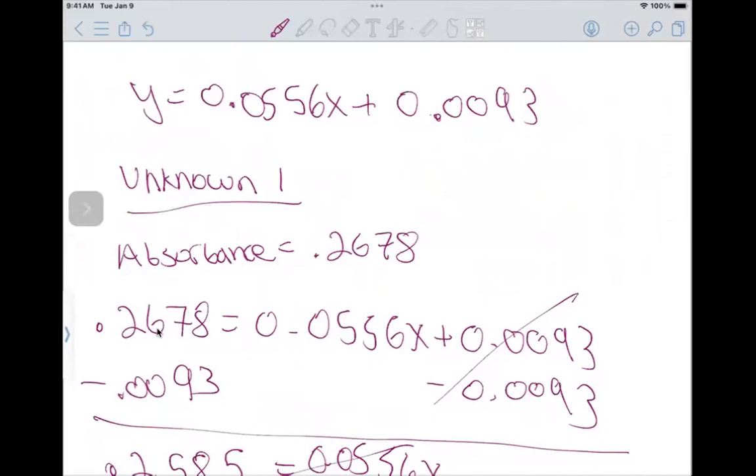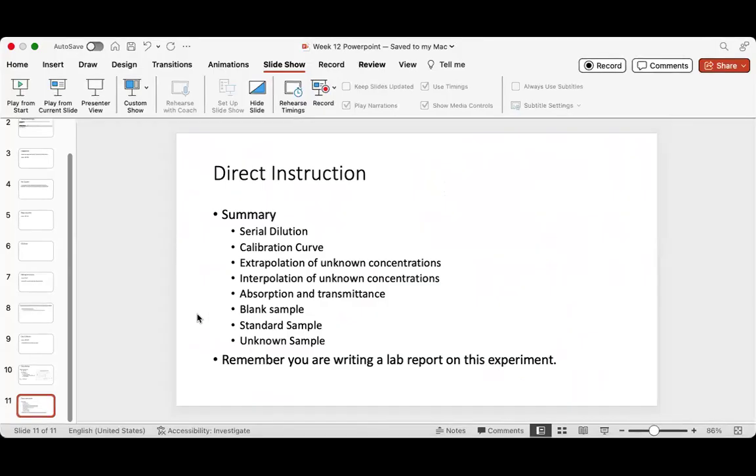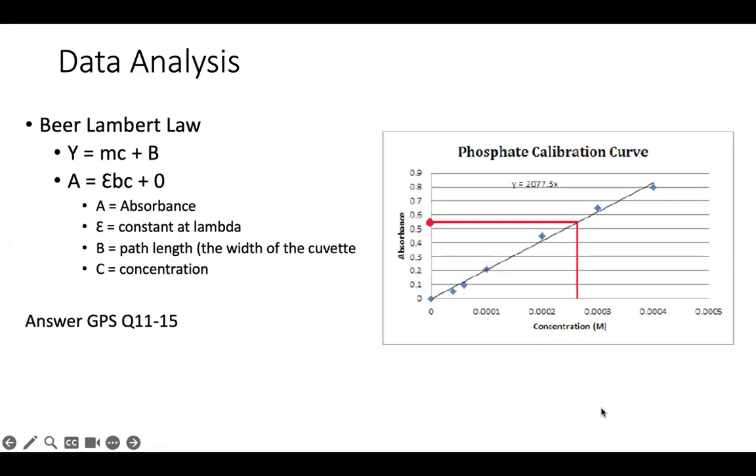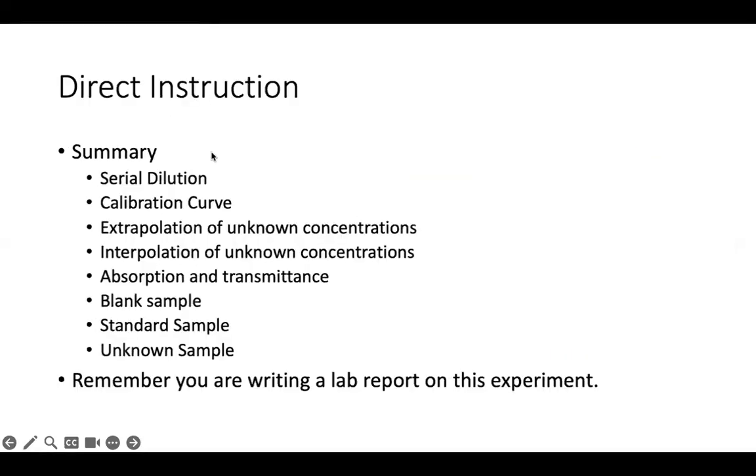So just to review, we performed a serial dilution. That's where we took from our stock solution only one time, pipetted the amount that we needed into our volumetric flask, and filled it up to the line with water.